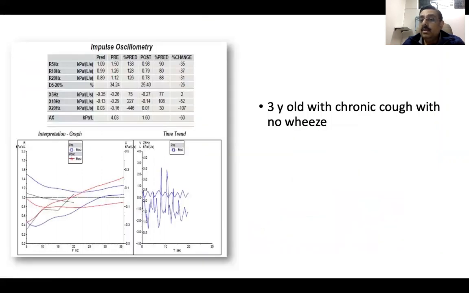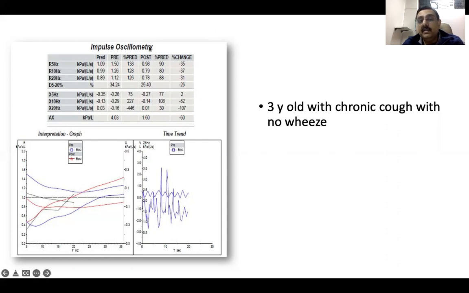Now, this 3 years old has chronic cough, doesn't have a wheeze. So you're not sure about what the diagnosis is. You can have multiple diagnoses, which we can talk about. It can be allergic rhinitis, postnasal drip, sinusitis, bacterial bronchitis, and so on. So either you treat this child empirically, but sometimes you aren't sure, the parents aren't sure, they're not willing for that.